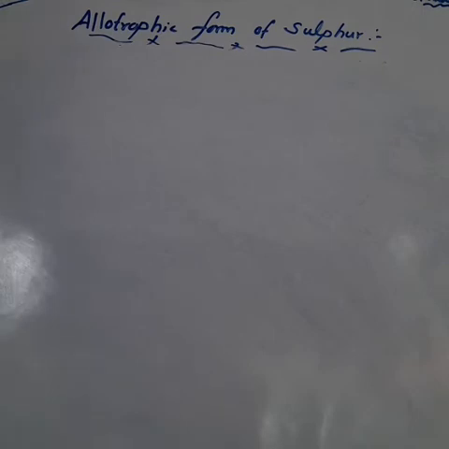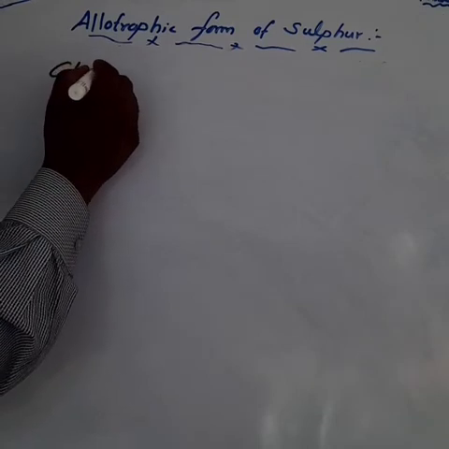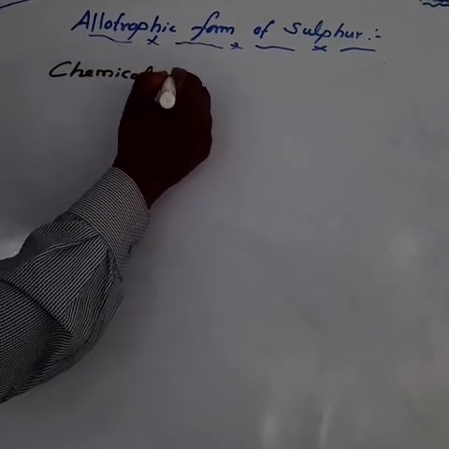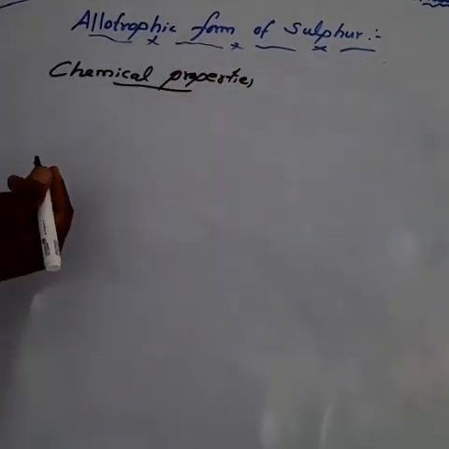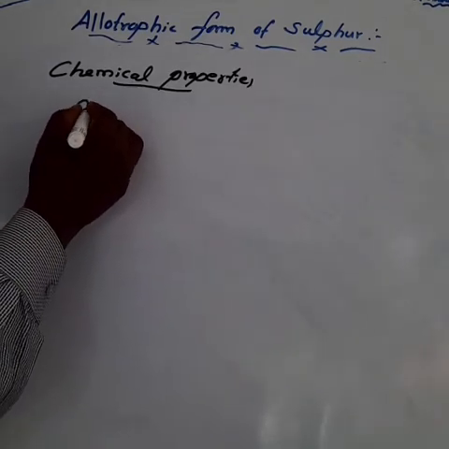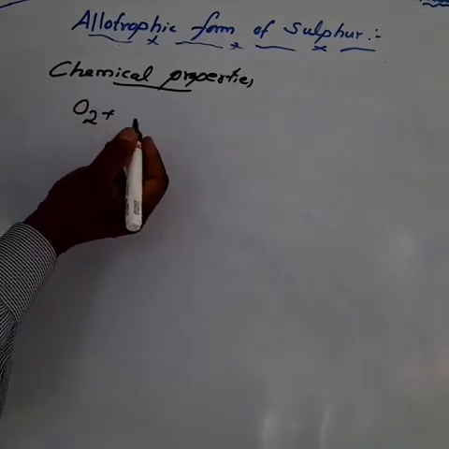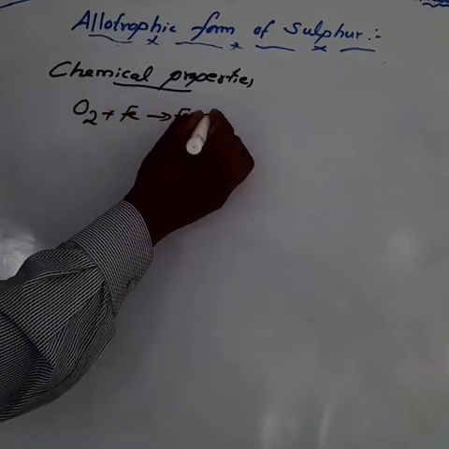What are the chemical properties of oxygen and also ozone? They have many different properties, because oxygen combines with many metals and also non-metals to form oxides.